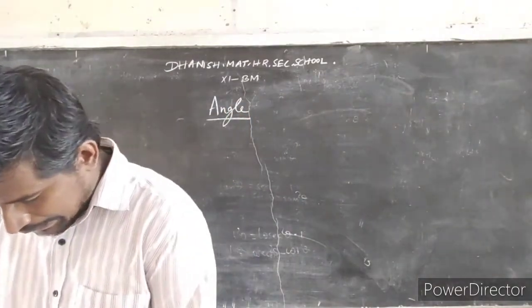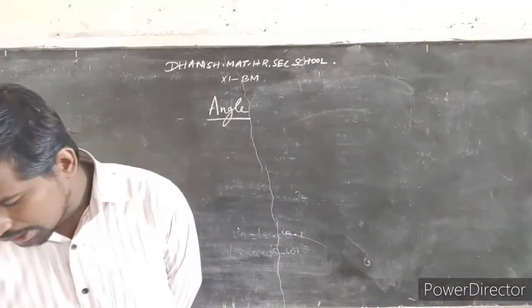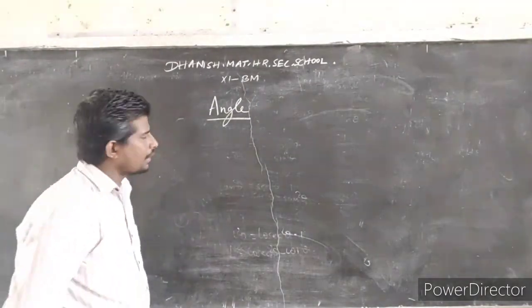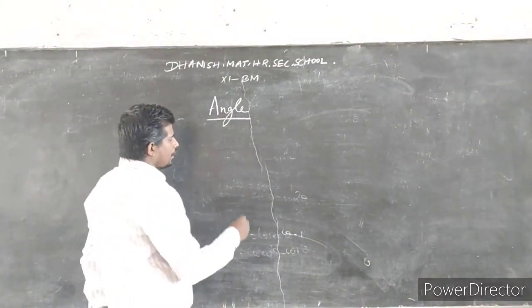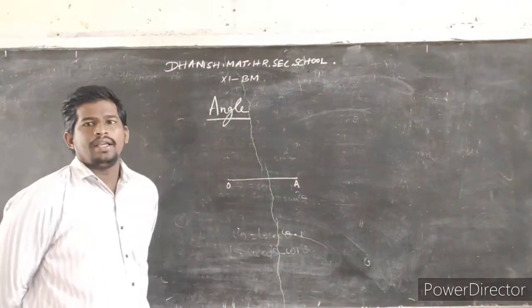Angle. An angle is a measure of rotation of a given ray about its initial point. Now I am going to take the ray OA as the initial side.